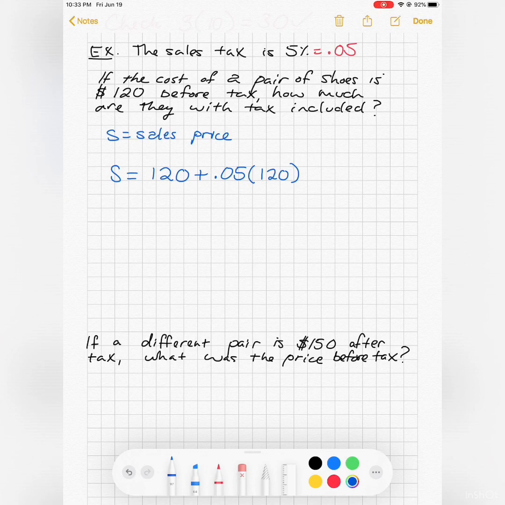So the shoes are $120 before tax, then I pay 5% of the $120. $6 in tax.